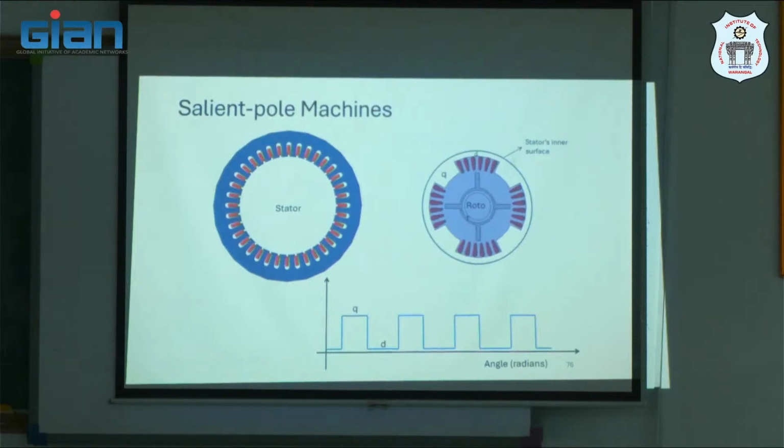So all this exercise that we did considers the air gap to be uniform under healthy condition. When we have to accommodate saliency, modeling becomes more challenging. So if you have a square gap under healthy condition rather than a steady line, this square waveform indicates the salient rotor structure's air gap under normal conditions without any fault.